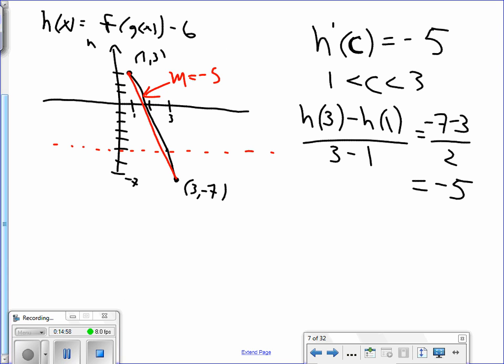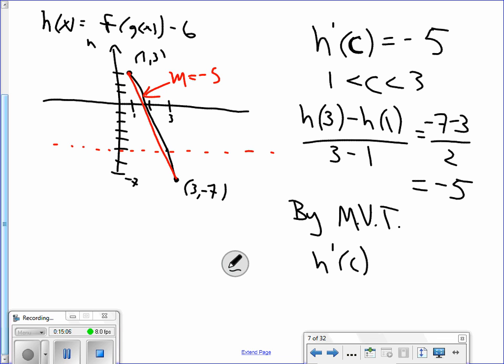So this time we would just have to say, by the mean value theorem, h prime of c has to equal -5 for some value of c between 1 and 3. So the function h has to equal -5 because of the intermediate value theorem. It's got to go through there. But the slope, the derivative, has to equal -5 because of the mean value theorem.